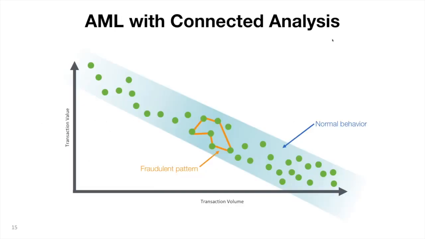What we're going to talk about is using connected data to find fraudulent patterns, right? Patterns that would indicate a money laundering ring, right? Activity amongst multiple accounts, multiple pieces of data. So rather than just an individual event, finding a pattern of behavior in our data that is suspicious.